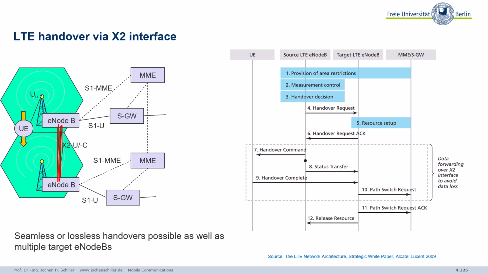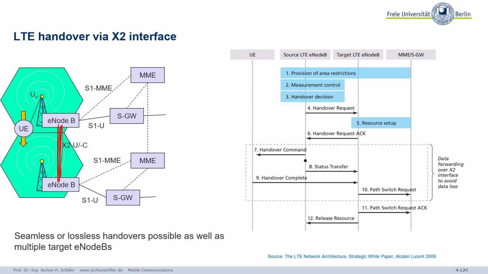Remember, we use packet switching. That means we have to make sure that the new packets are already available at the target eNode B, so that almost without service interruption we can continue, for example, receiving packets. That's one thing, a seamless handover.